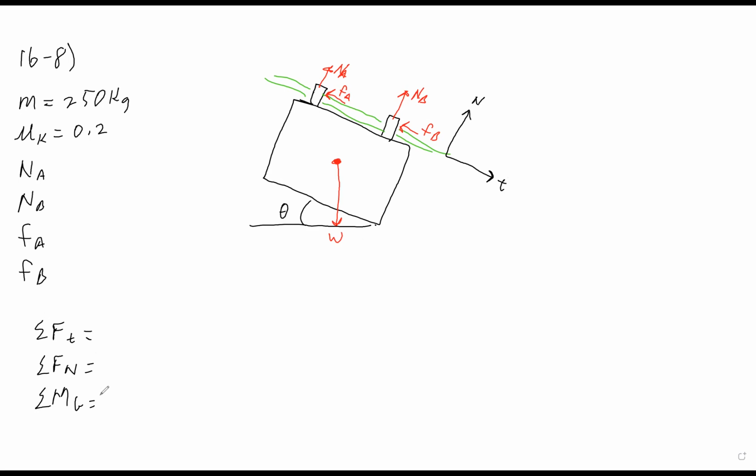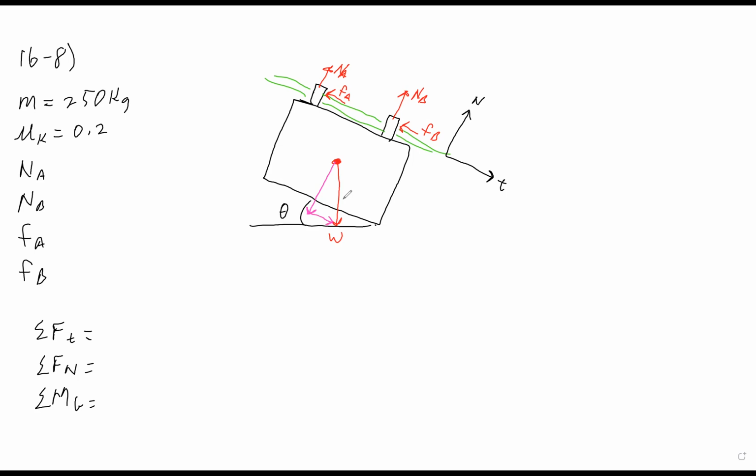So the forces in the tangential direction are basically all of the forces that are parallel with the rail. We're going to have the gravity that is at an angle, in other words, the tangential component of the weight. Let me add an arrow here. That's the normal component of the weight, and we have the tangential component of the weight.